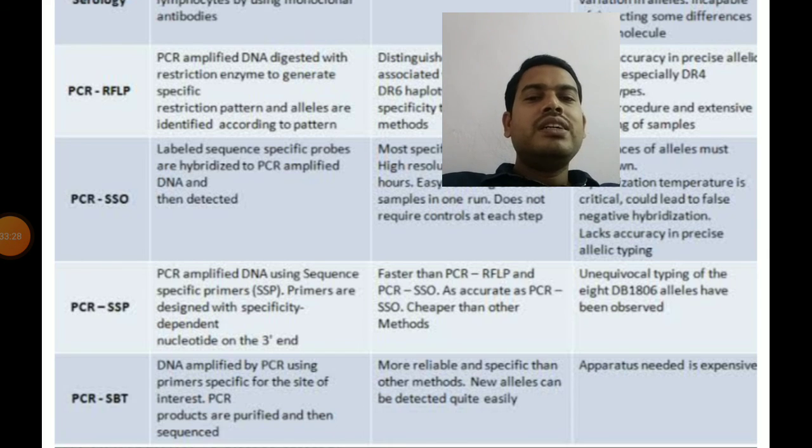This is a highly expensive experiment, but it will give accurate results. So PCR SBT is the widely accepted and reliable method of HLA typing. Once it is done, you can easily transplant the organ from donor to recipient.